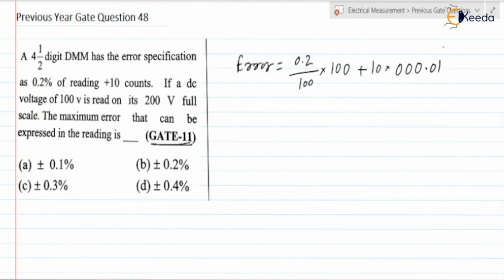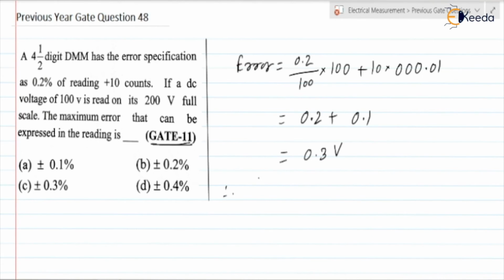Here we need to find the resolution, that is, corresponding to each pulse, the minimum change in the output. So this will be 0.2 plus 10 into 0.001, 0.01, so it is equal to 0.1. So it is equal to 0.3 volt.